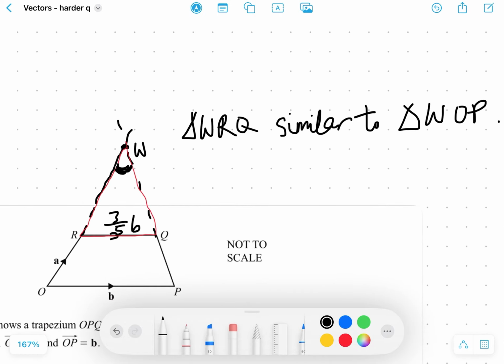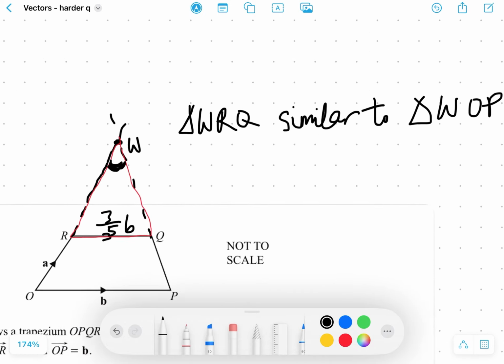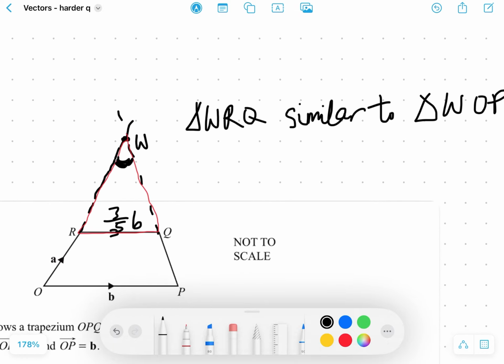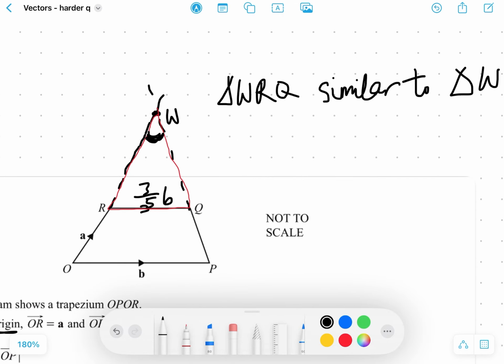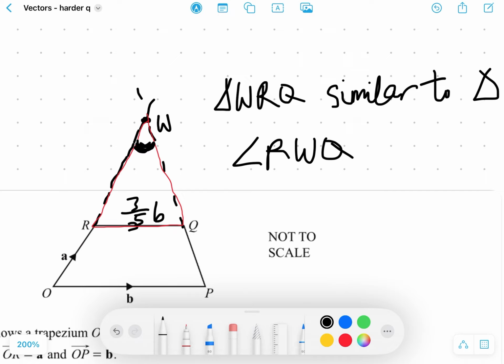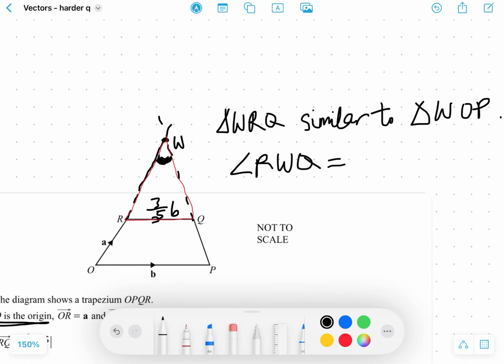So firstly, we've got that the angle RWQ, this angle right here, is equal to the angle OWP, since it's the same point W.